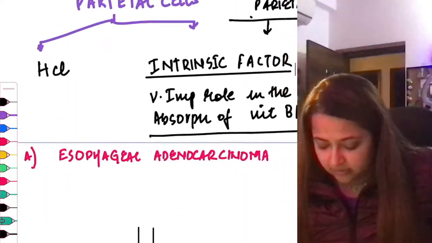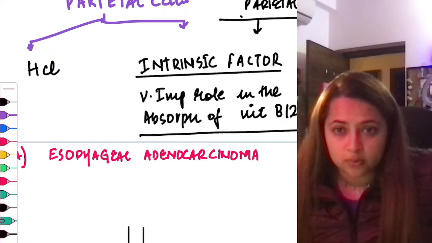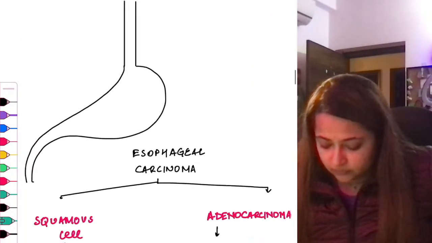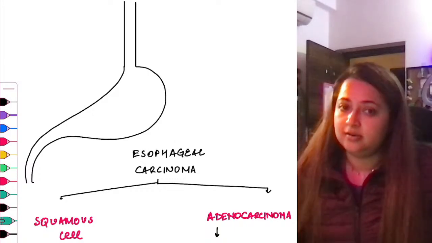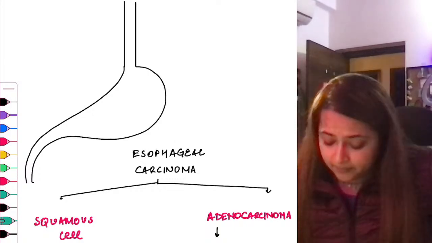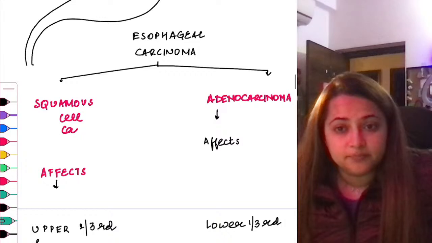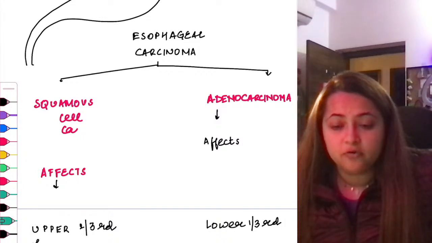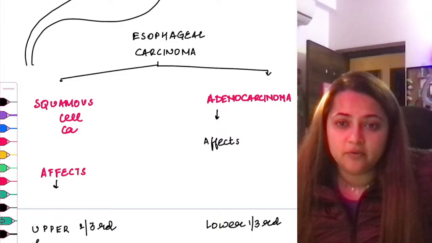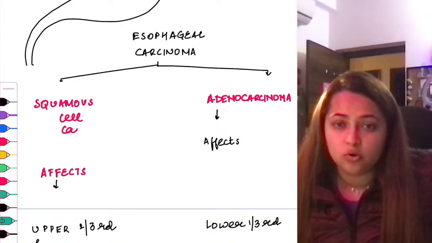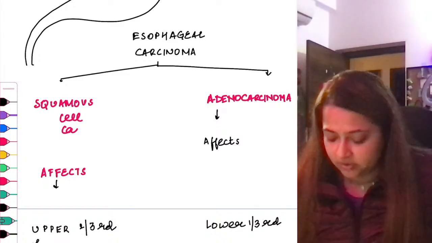Now, since we are talking about the esophageal adenocarcinoma, you also should know the two varieties. This was also asked in one of the INICETs. Esophageal carcinoma is of two types. We have a squamous variety, and then we have an adeno variety, that is adenocarcinoma from the glandular epithelium.